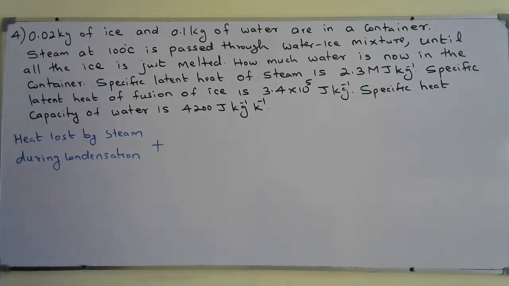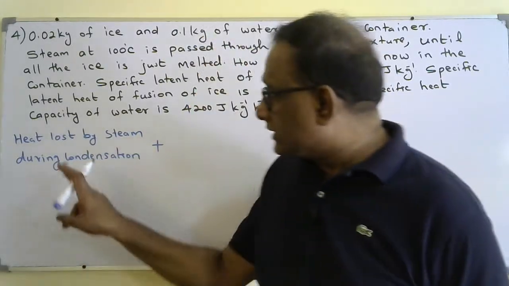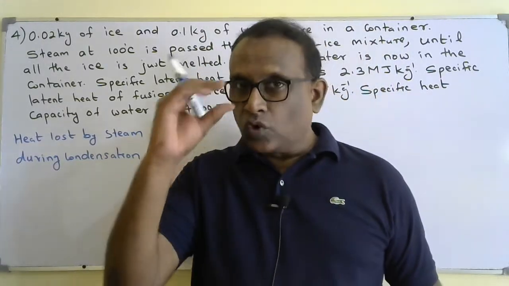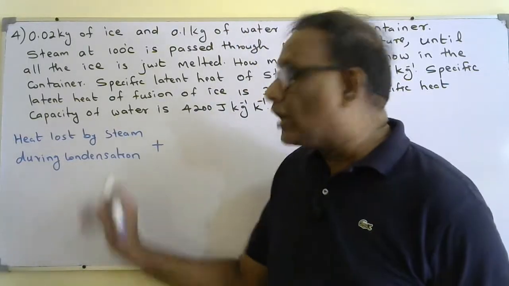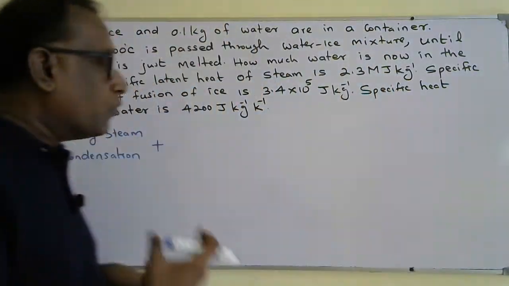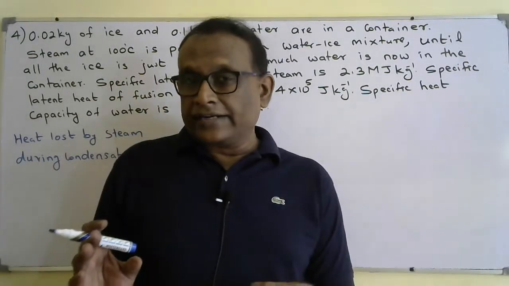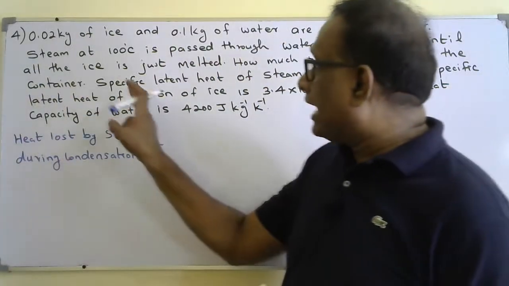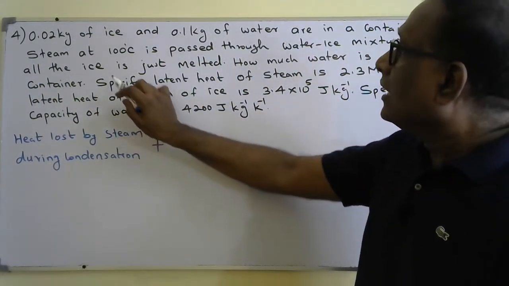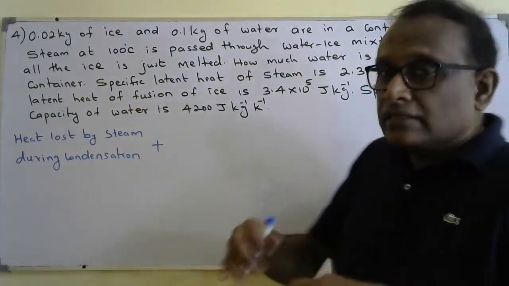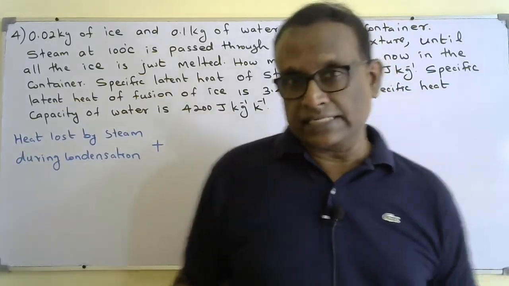So during this process, the steam is going to lose heat and it will become water at 100 degrees Celsius. Now there is water at 100 degrees Celsius. What mass of steam condensed? We don't know. We are going to find that. Now the water which is obtained due to condensation will be at 100 degrees Celsius. But finally we have the ice water mixture at 0 degrees Celsius, because they are saying the ice is just melted, meaning finally all will be at 0 degrees Celsius.